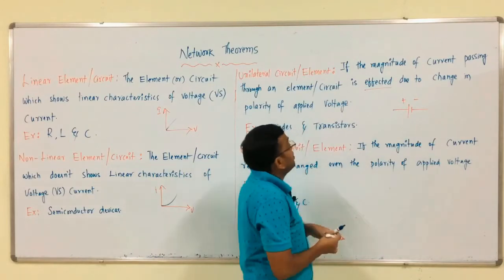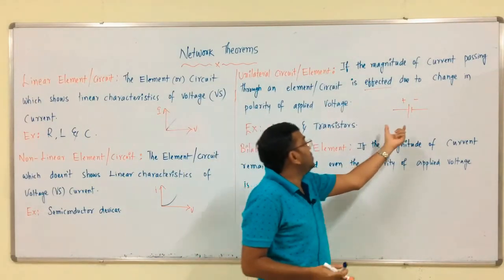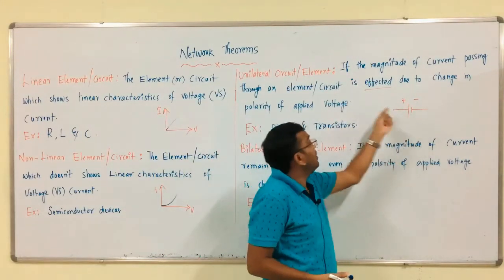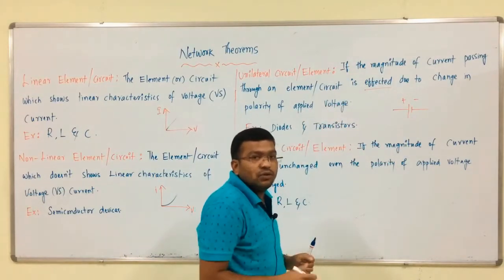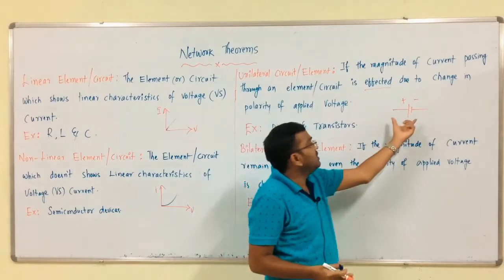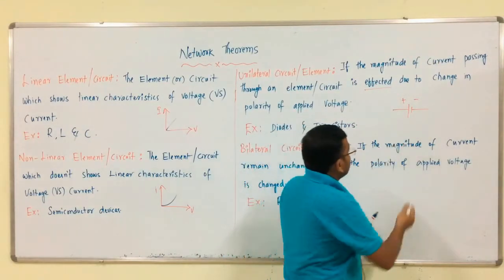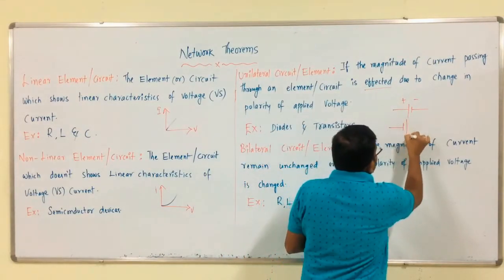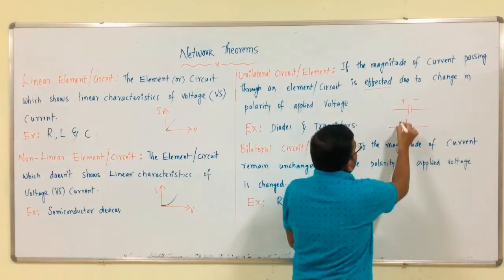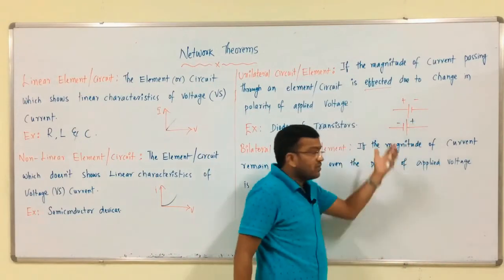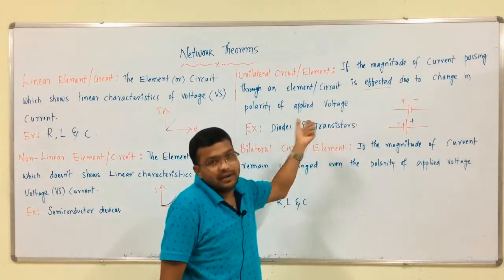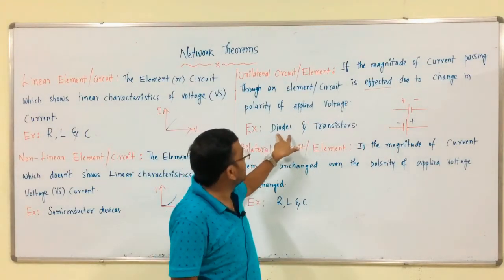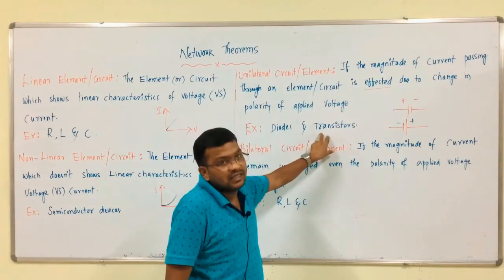The effect is what? Change in the polarity in the circuit, that is, the magnitude of current passing through that circuit should be affected due to this change in polarity. For example, we transform it into minus plus. Because of this change in polarity, the current is affected. The examples for this are diodes and transistors.